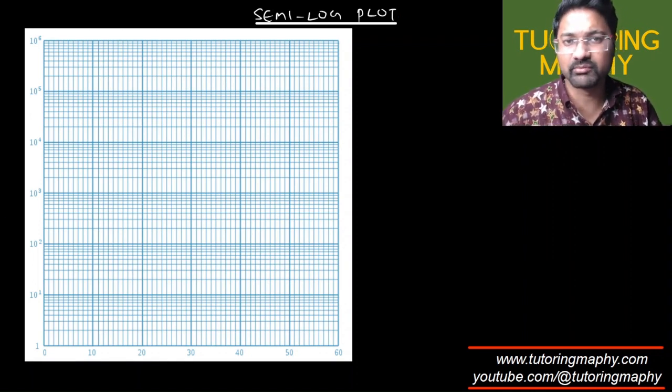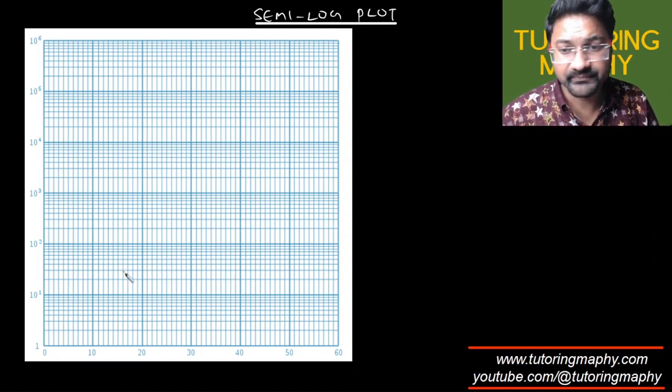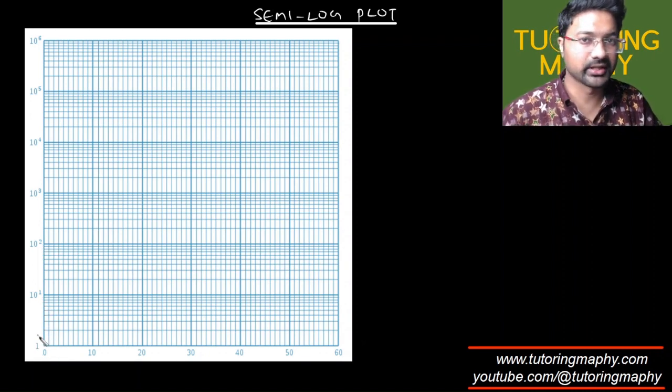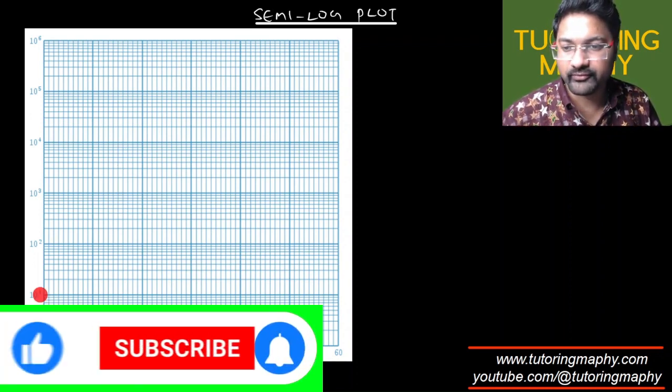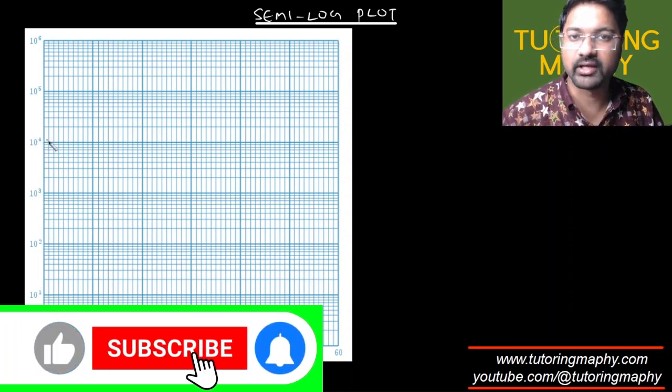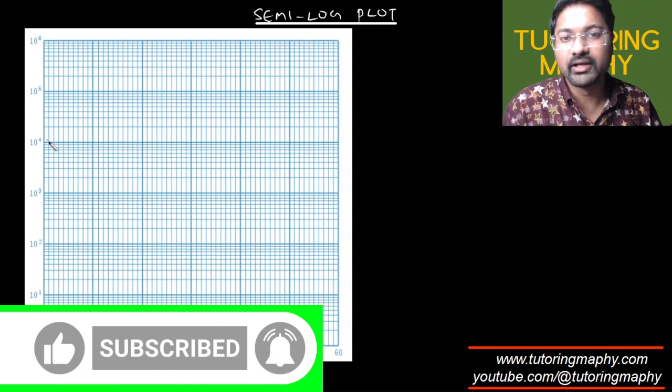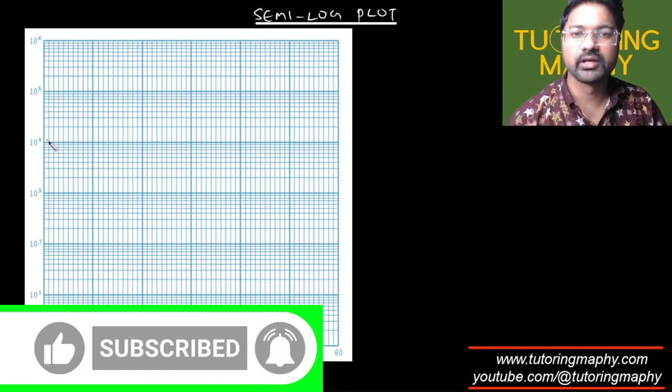Just keep in mind, semilog means either axis can be logarithmic. As you can clearly see, the x-axis is linearly, equally spaced: 10, 20, 30, 40, 50. However, each block on the y-axis is logarithmically scaled with uneven spacing, starting from 1, just like I told you in the previous slide, going to 10, 100, 1000, 10,000, and so on. So this is what a semilog plot is.